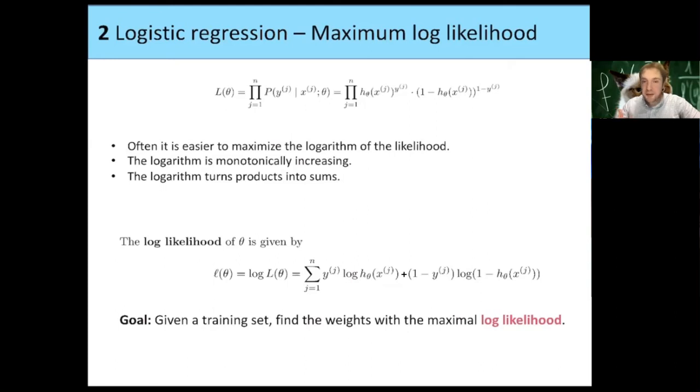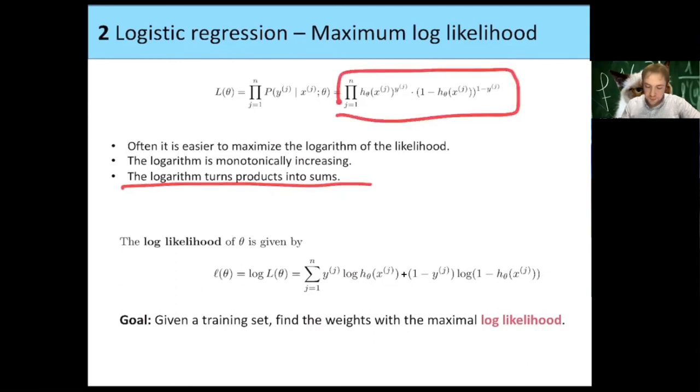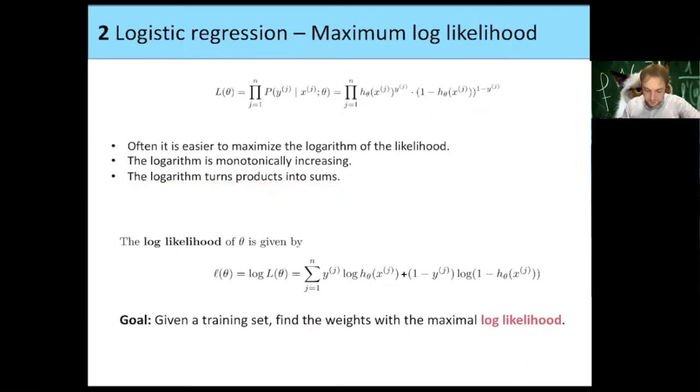This makes sense because the logarithm is monotonically increasing. So if you apply it to some function which you want to maximize, you can also maximize the logarithm of this function. And one reason why it's easier is that the logarithm turns these products into sums.